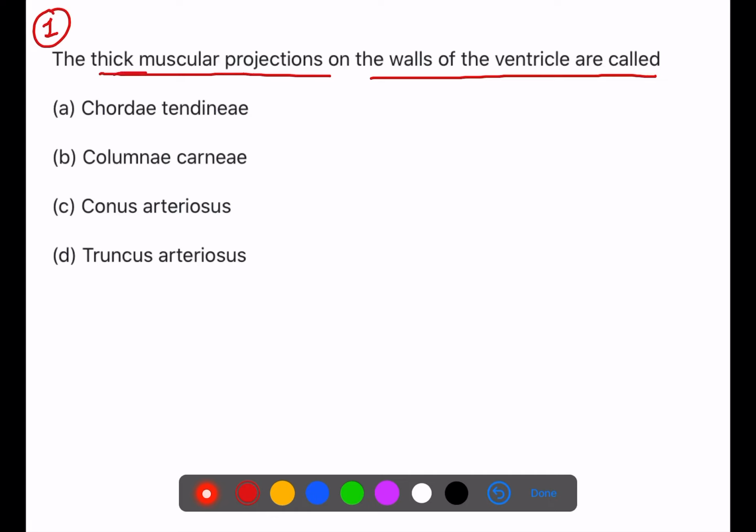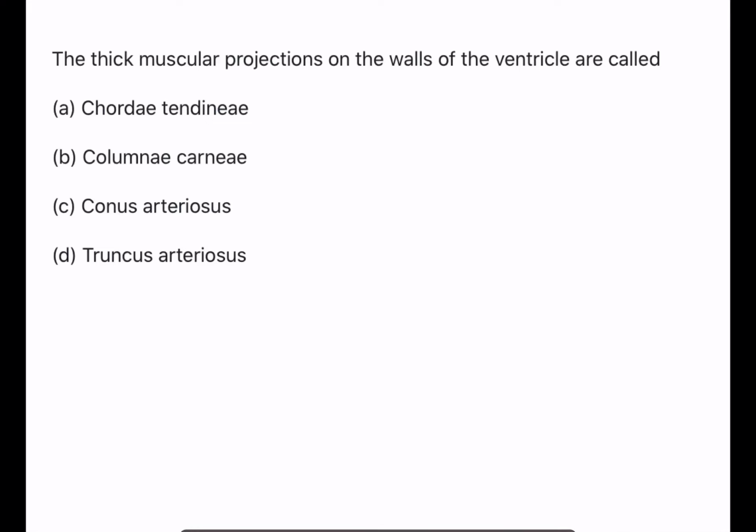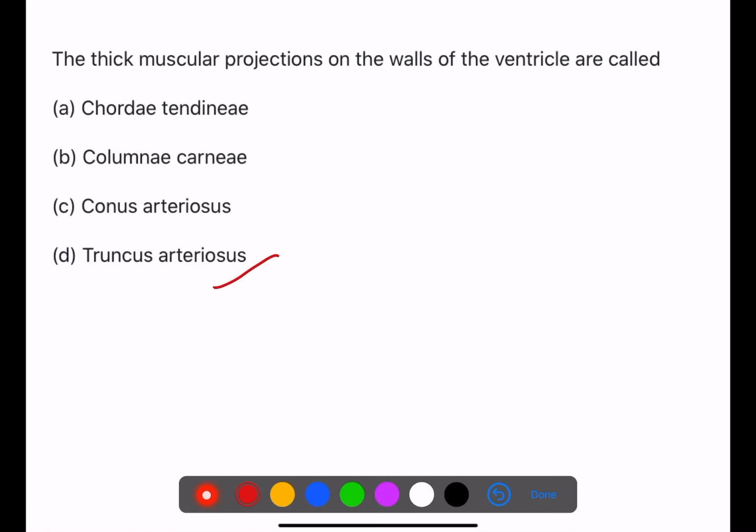Thick muscular projections on the walls of ventricles are called chordae tendineae, columnae carneae, conus arteriosus, truncus arteriosus, right? Please mention your answer, the best option, in the comment section. This is our first question.